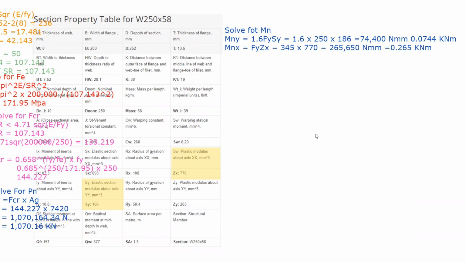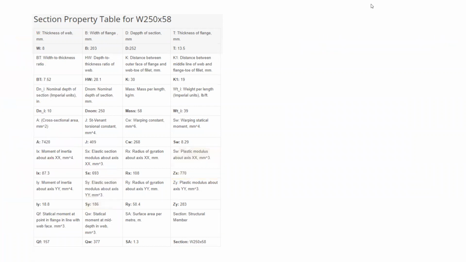You check for compaction. You have 0.38 square root of E over Fy and 0.36 times square root of E over Fy. And that's it for axial and tension together. So I will let you continue this problem. So we could go now to our last one.